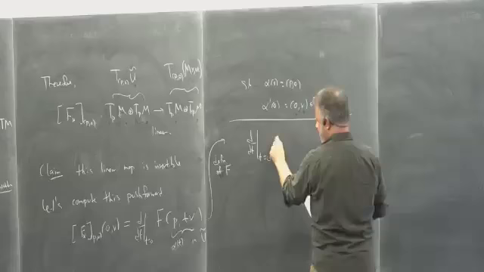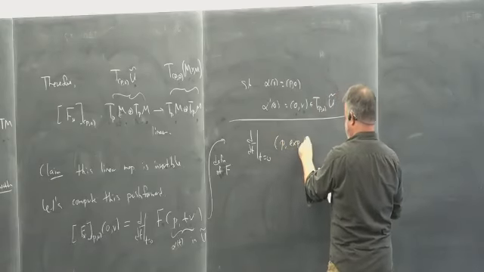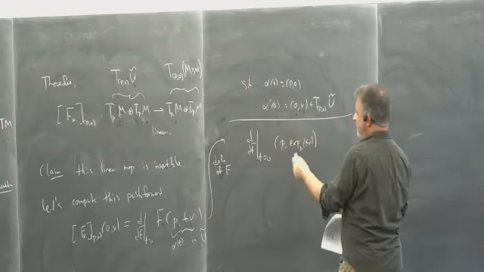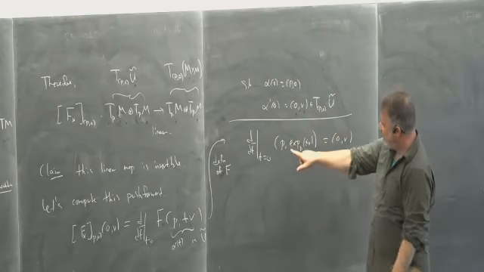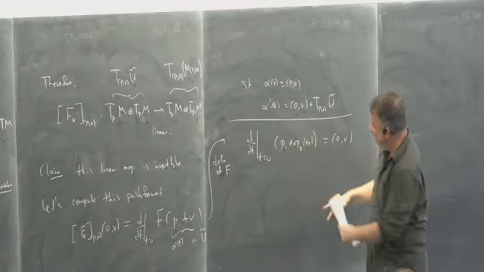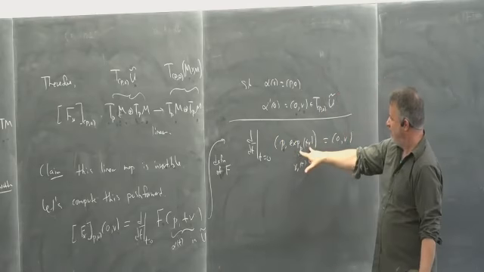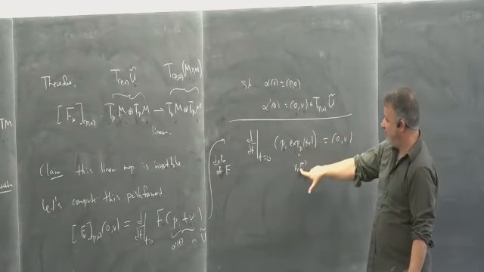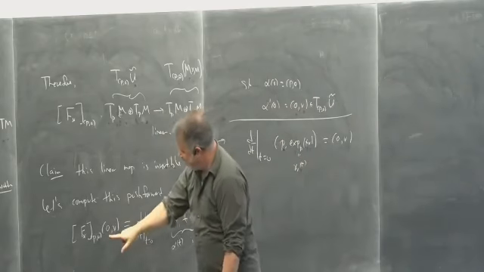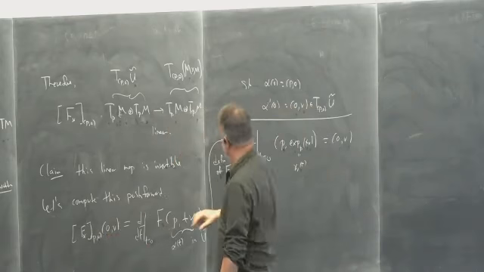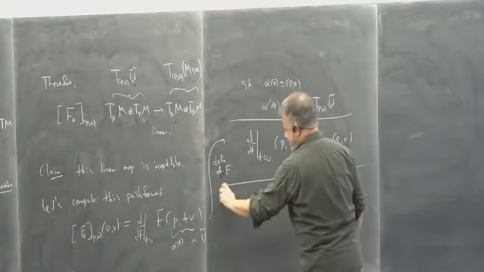So this will be x_p(tv), and I take d by dt at t equal to 0 of this, but that's 0v, right? Because that's constant, and this is exactly gamma_v(t) by the rescaling lemma. So I want the velocity at time 0 of this curve, but that's v. Okay, so this map, if I plug in something of the form 0v, I get 0v. So it's almost looking like it's going to be the identity.